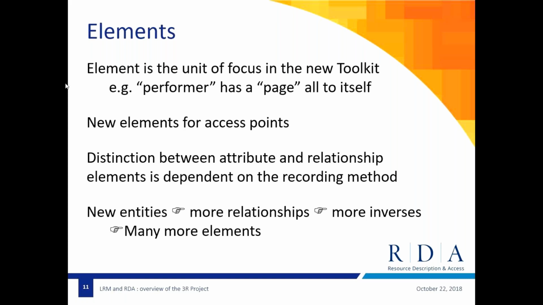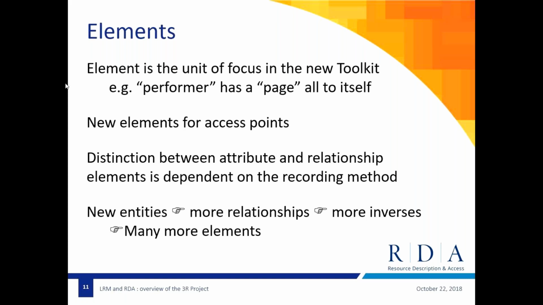The distinction between attribute and relationship elements is very blurred. The LRM itself says basically that even what the LRM calls an attribute element can in some implementations become a relationship, and vice versa. And within the new toolkit, that distinction is now better represented by the particular type of recording method used for the data itself.